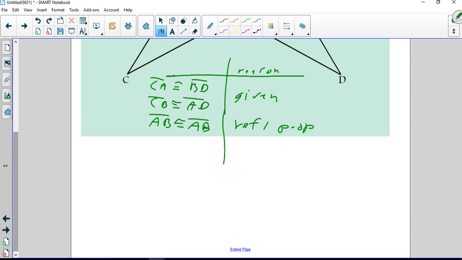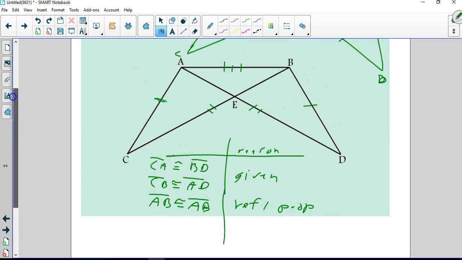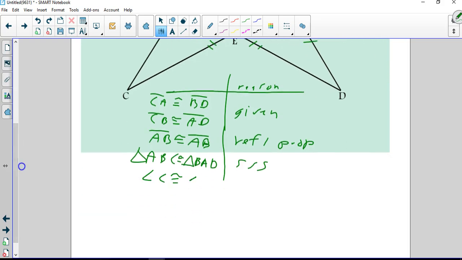Once we've proven all three parts, we can now say that triangle ABC is congruent to triangle, and you gotta be careful of the order. So we went out highway 3, down highway 2. So BAD. And that's by SSS. And now we can prove that angle C is congruent to angle D by CPCTC.